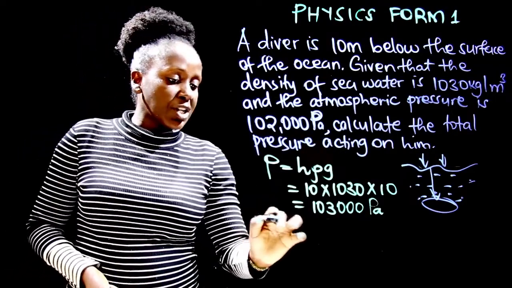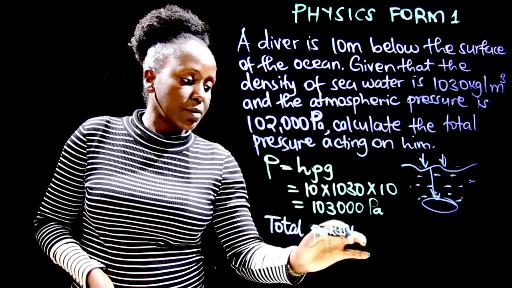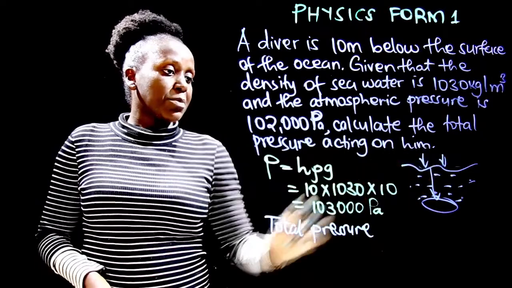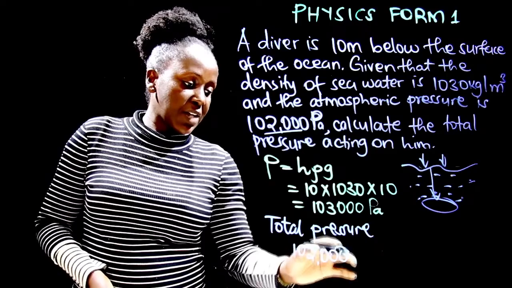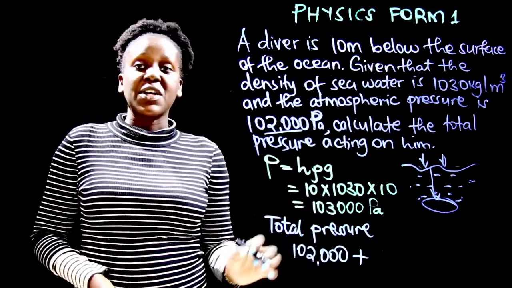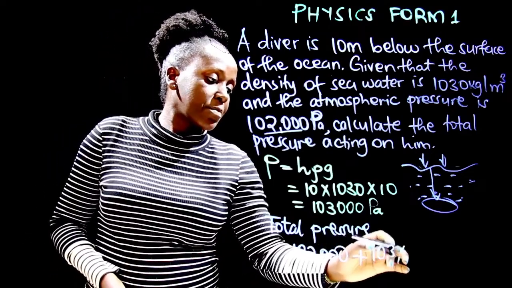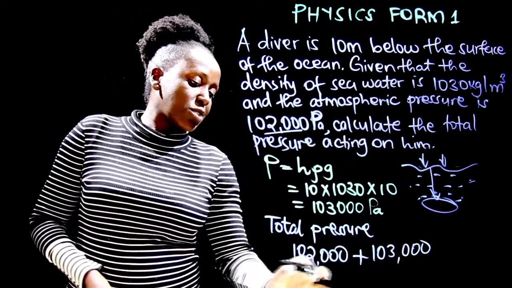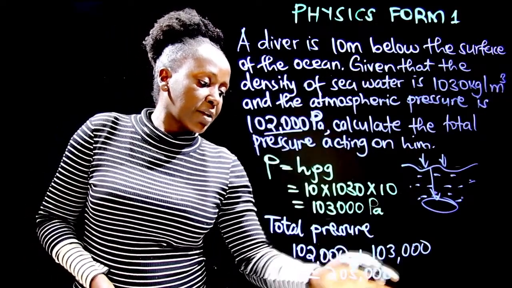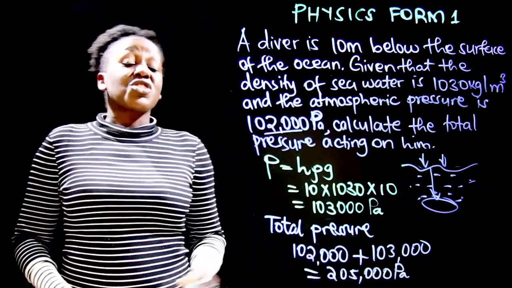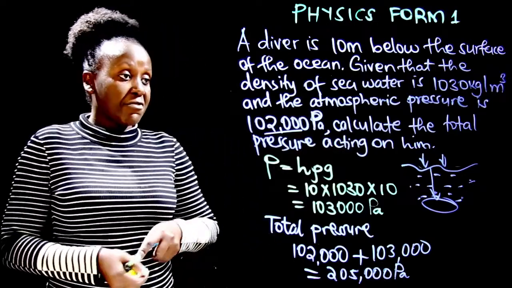So the total pressure will be equal to the atmospheric pressure, which is 102,000 pascals, plus the pressure due to the height of the water, which is 103,000 pascals, and this will be equal to 205,000 pascals.